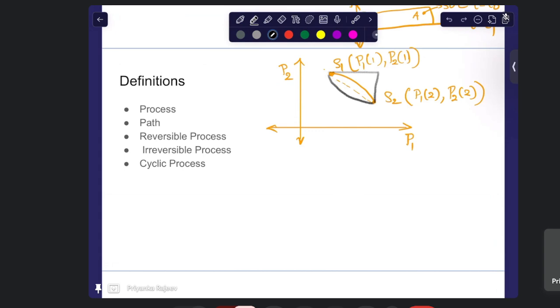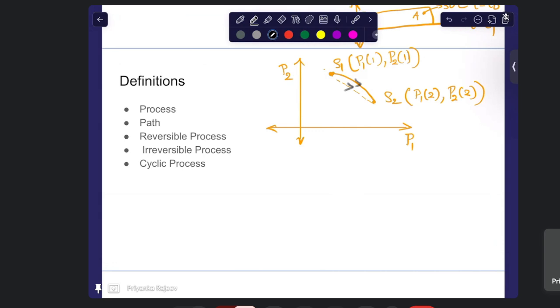You can go like this, and then from there it can go like this, and then from there it can come like this. So there are many ways for the system to go from S1 to S2. These are called different paths of the process.